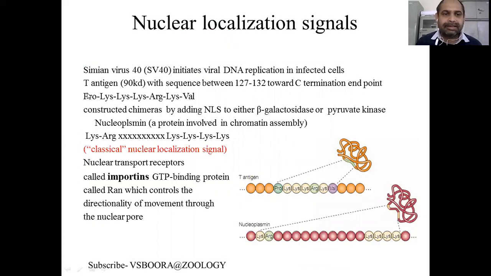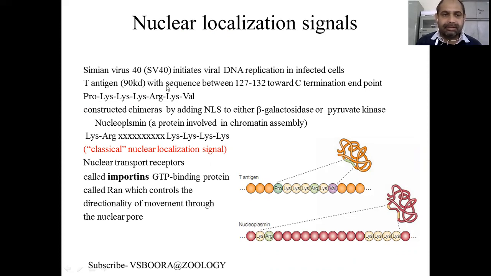A protein, that is T antigen, which is 90 kilodalton, with sequence 127 to 132 toward the C-terminal site, has a specific sequence: proline, lysine, lysine, lysine, arginine, lysine, valine.